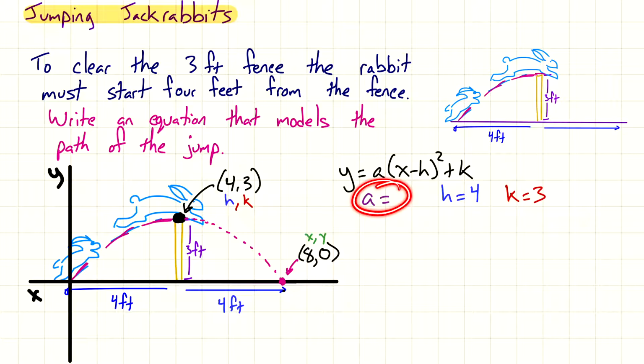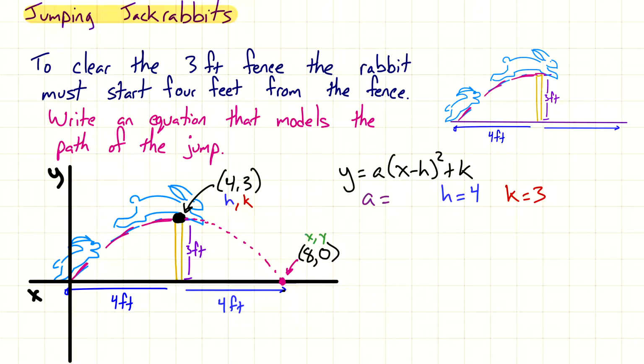Let me explain why we need to know this. We don't know what our a value is, and there's nothing on this graph that's going to tell us what our a value is. But if I look at this equation, I notice h and k I just figured out. What we just figured out was a point on the graph, or part of the jump, which could be represented by an x and a y. Well, this equation also has an x and a y. So that means I could actually plug in these numbers.